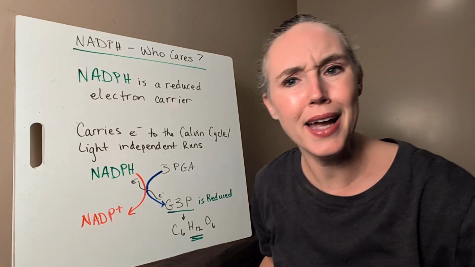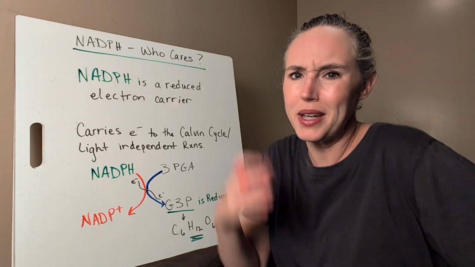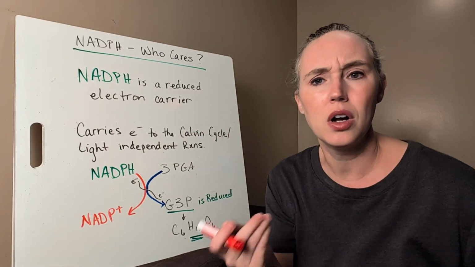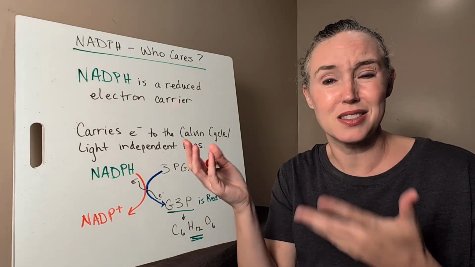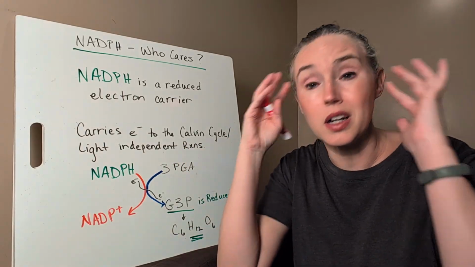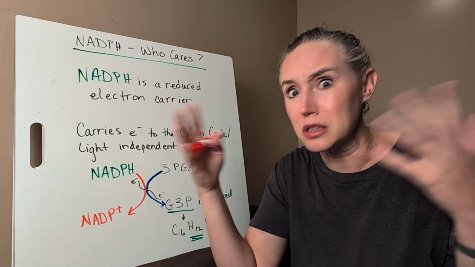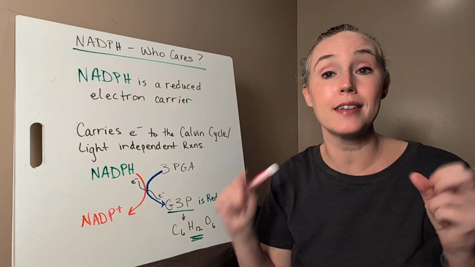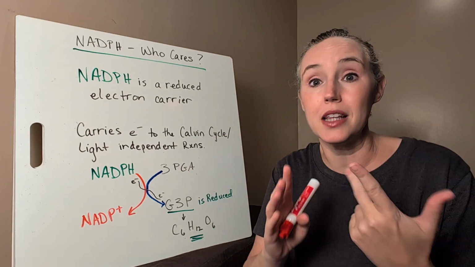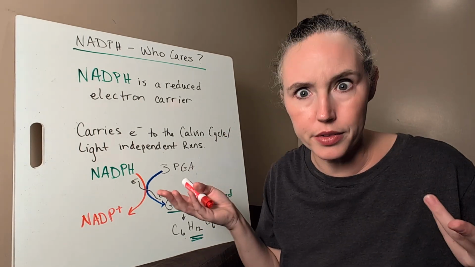But what the heck is NADPH for anyway? Why do we care? This is my number one question, especially when it comes to biochemistry. All right, so why do we care? We care because NADPH is a reduced electron carrier. Where is it carrying?